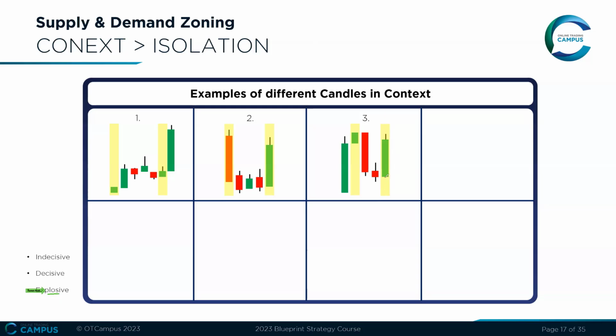They're explosive potentially, though they're rather decisive because they're not abnormally bigger than the surrounding candles, right? So they're the same size as this, the same size as this maybe. So they're by far not the biggest candle here. However, this one is for sure not decisive, right? This one is rather indecisive.